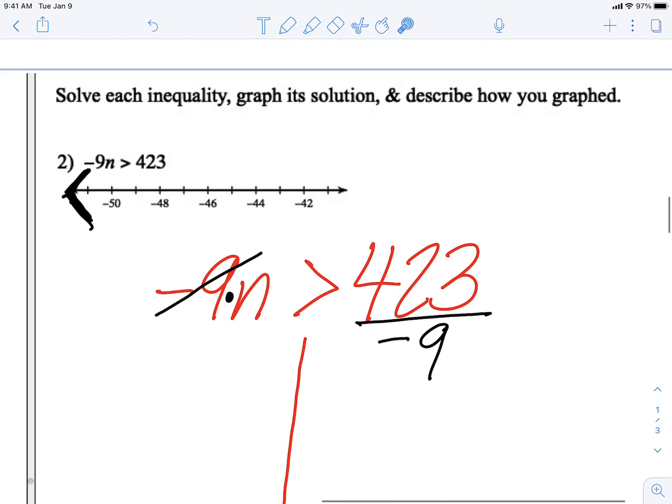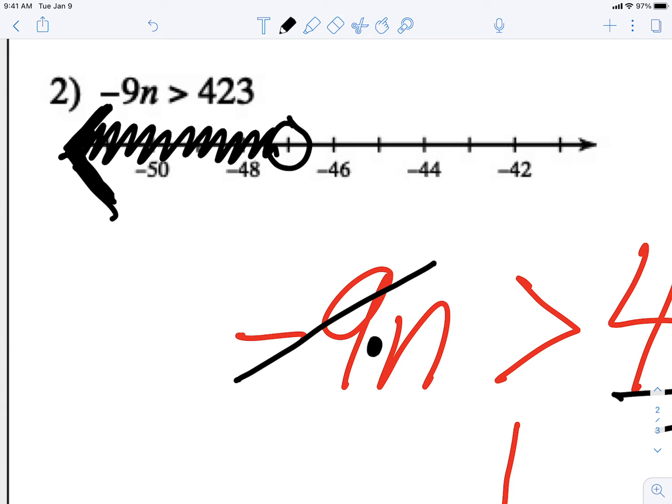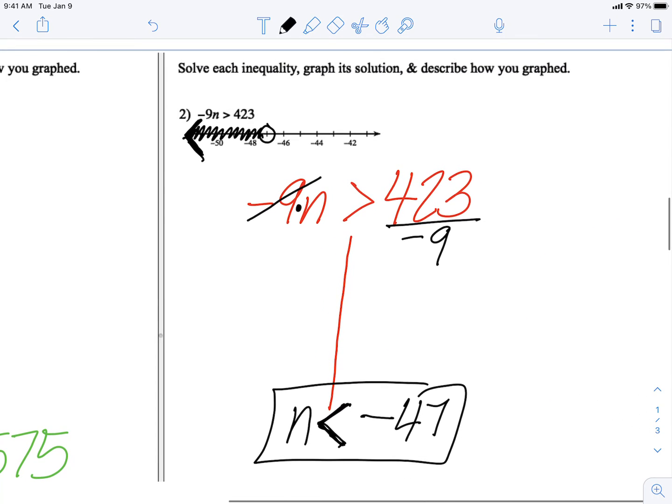So let's find -47 here. Well, I have -46 and I have -48. So that means that -47 is right here in the middle. So I know it's an open circle and I'm graphing to the left. And there we go. Look at that. That's the second example.